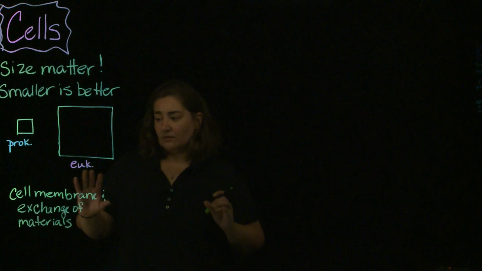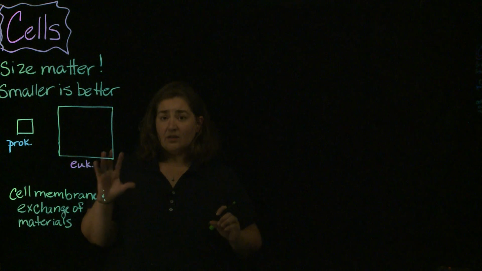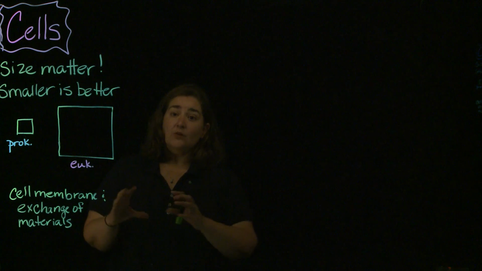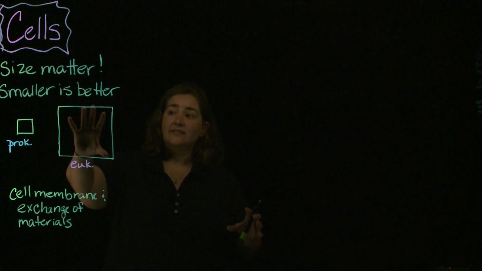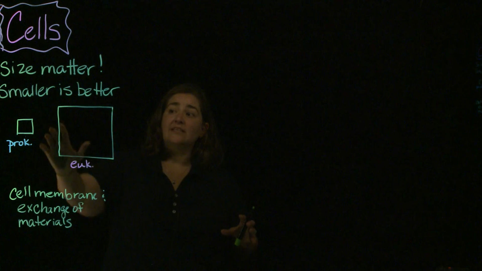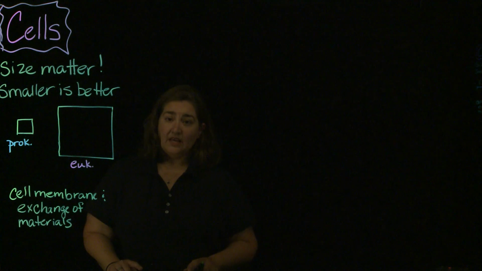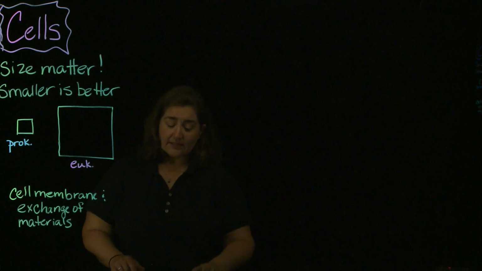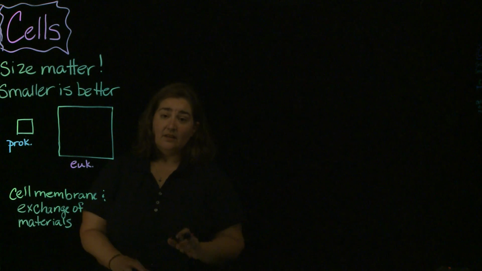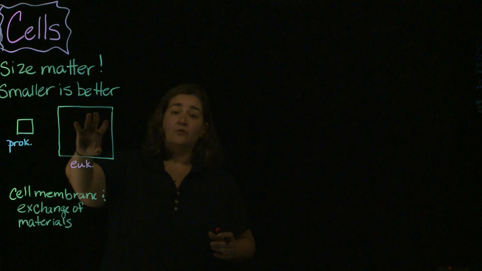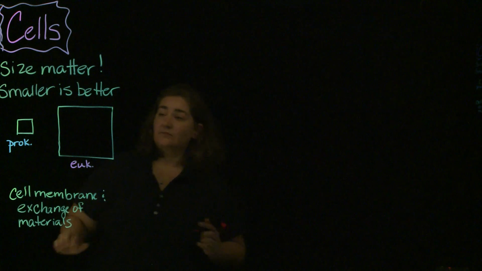The eukaryotic cell has actually adapted over time in order to address that increase in volume but decrease in surface area of the cell membrane. What the eukaryotic cell has done is include membranes now inside of the cell.